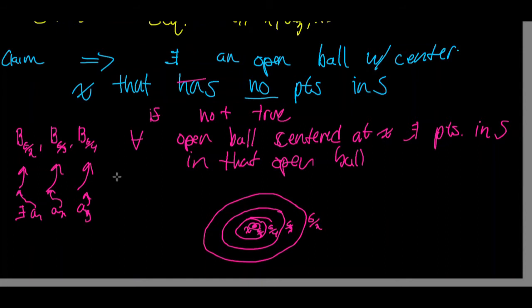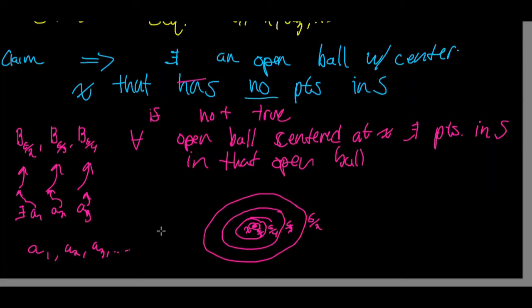I'll leave that to you to convince yourself. But I'm able to create this sequence where each of these points, A1, A2, A3, and so on, is in each of these open balls of decreasing radii.